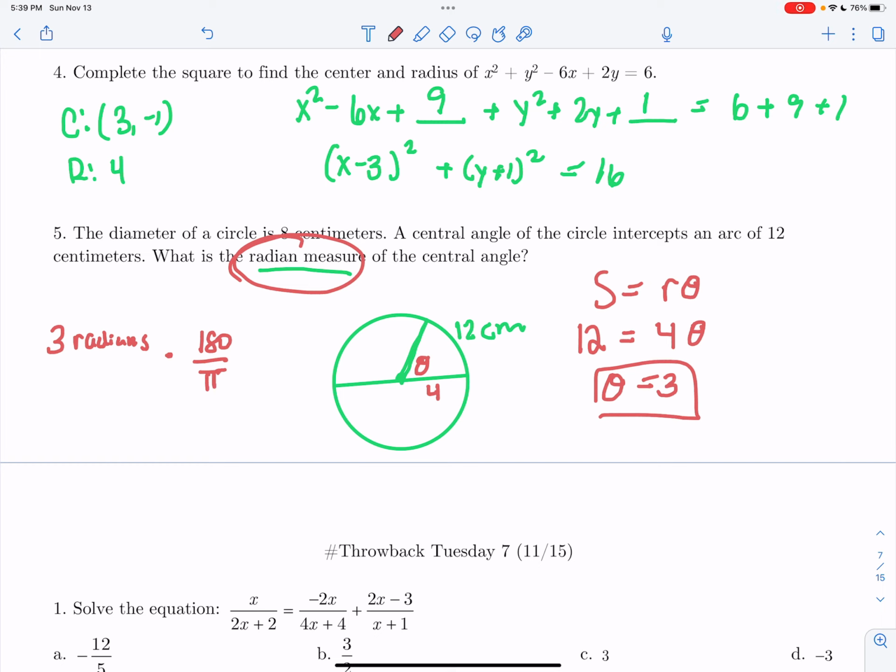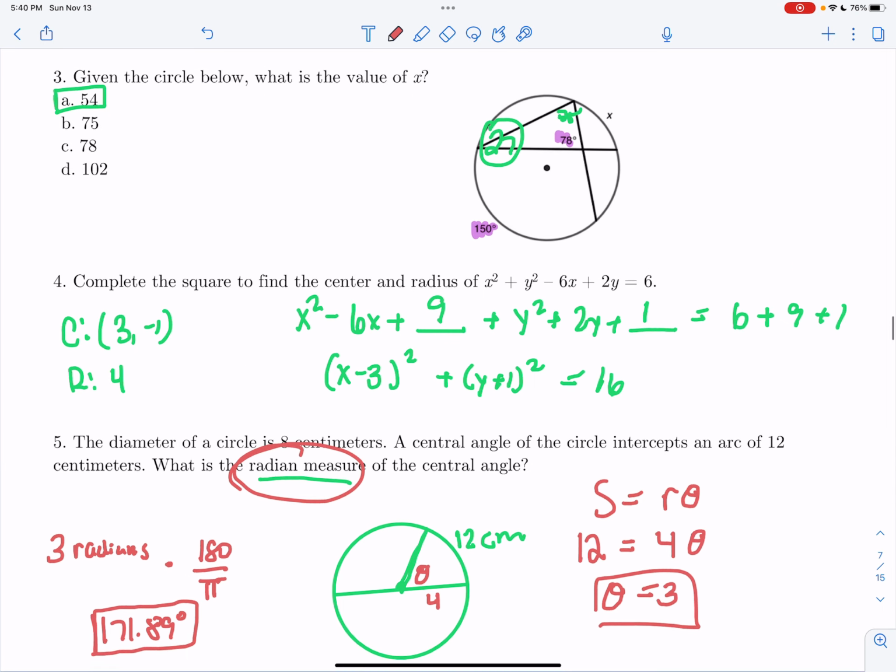And for reference, that is going to be about 171.89 degrees. So be expected to maybe convert from radian to degree and degree to radian. So that was problem set number 6.